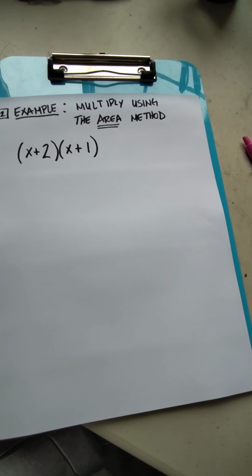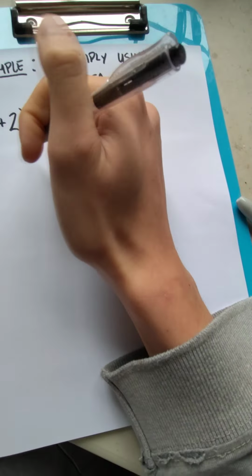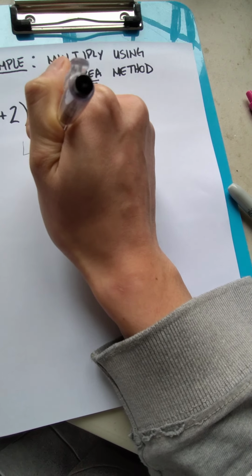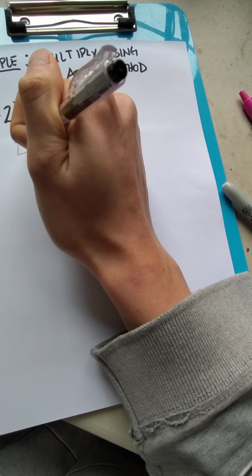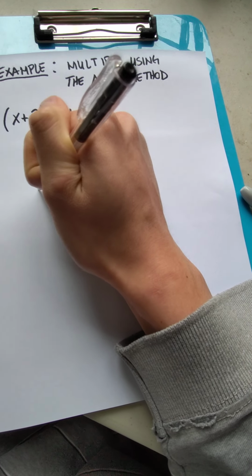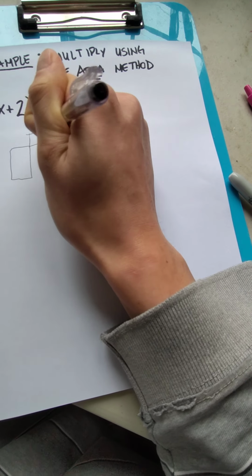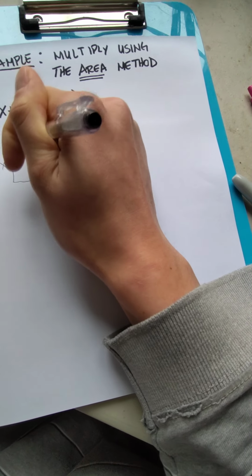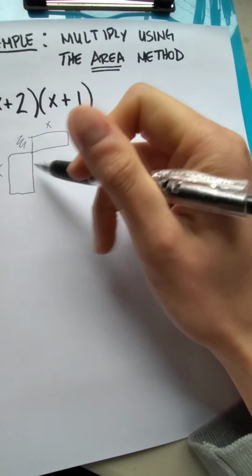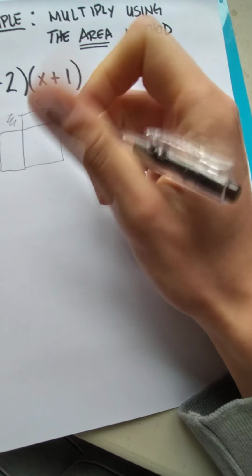This is how we do it. I'm going to draw an X tile right here, another X tile right here, and then this will be X, this will be X, and then X times X will become X squared.